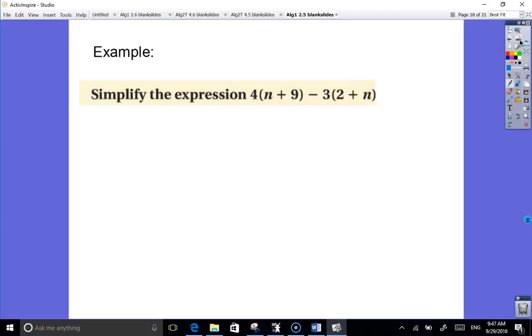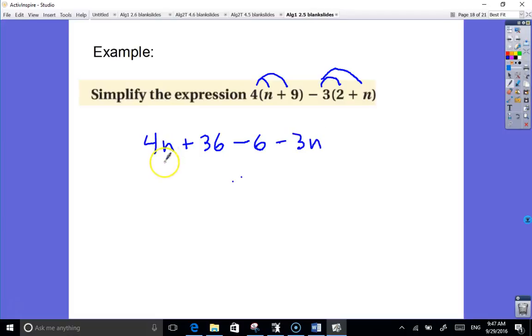So for example, in this problem we have to simplify. Which property does it look like we're going to have to use first? Distributive. So this is going to be 4 times n and 4 times 9. That's 4n plus 36. Next, negative 3 times 2, negative 3 times n. That's negative 6 minus 3n. Now we're not done because we have to combine like terms. If there are like terms, you have to put them together.